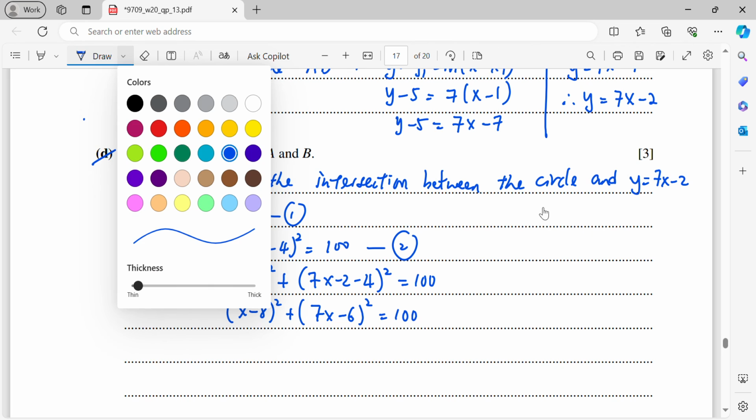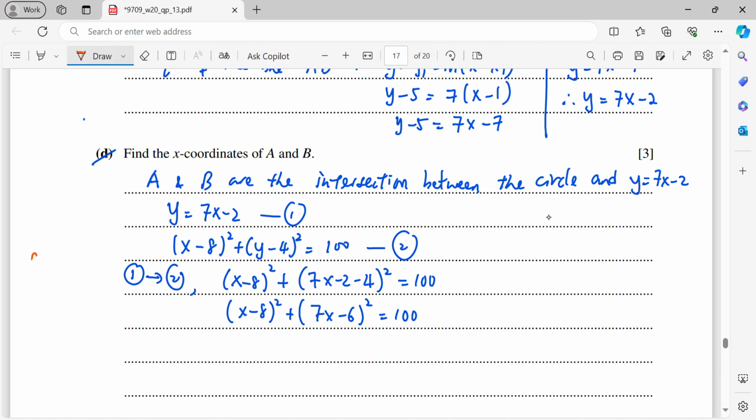Now apply the quadratic expansion, square of a minus b is a squared minus 2ab plus b squared. Therefore, I get x squared minus 16x plus 64. Now the square of 7x minus 6 is 49x squared minus 84x plus 36.